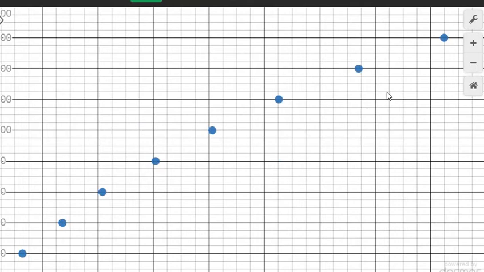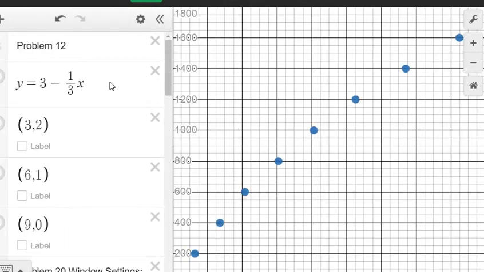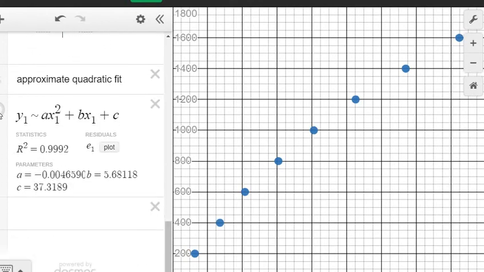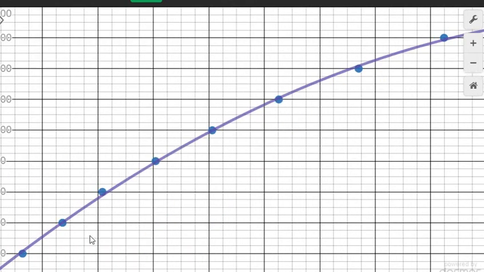Kind of reminds us of that plateau that we were seeing with the previous problem. You can't maintain such a fast speed forever, and we see that with his velocity. His average velocity is slowing down. I did a little something fancy here. We can fit a quadratic equation to this. And we're seeing, again, the same thing, that approximately speaking, there's a little bit of an arc in there. It's slowing down.